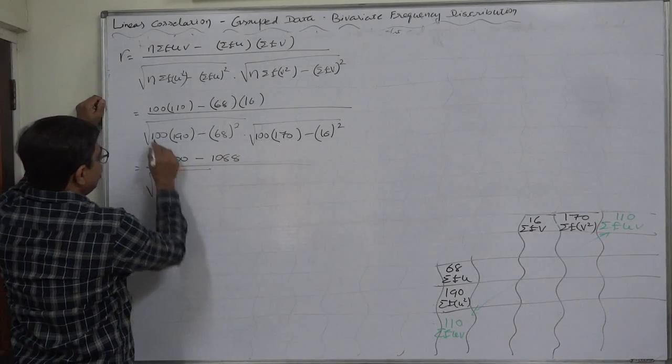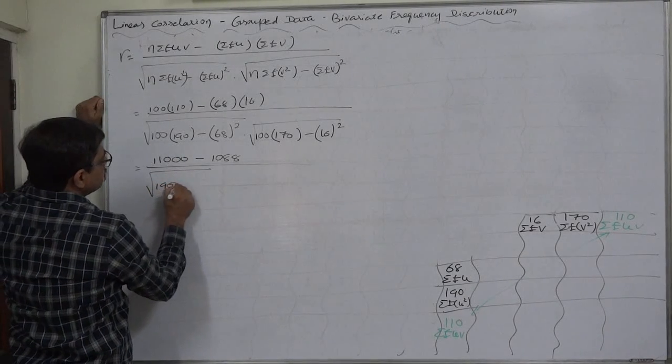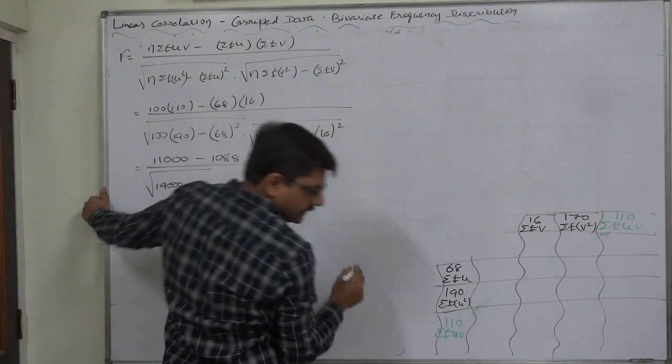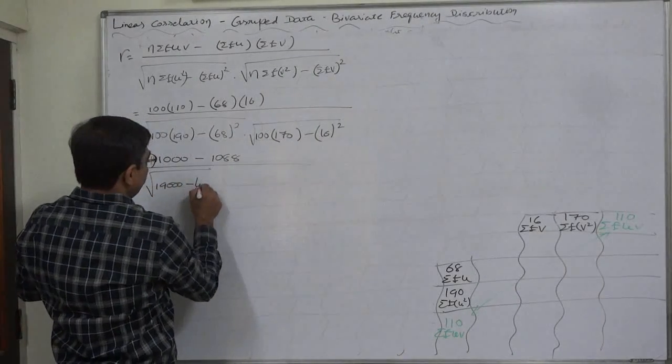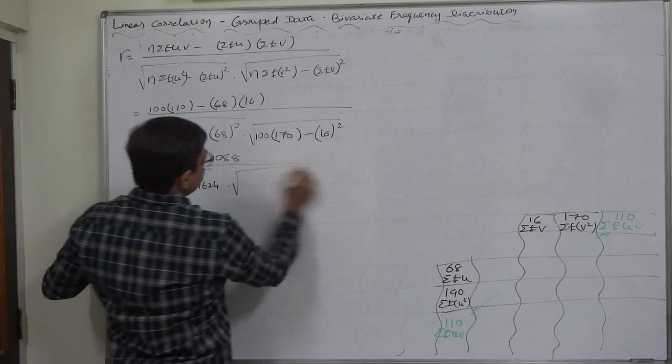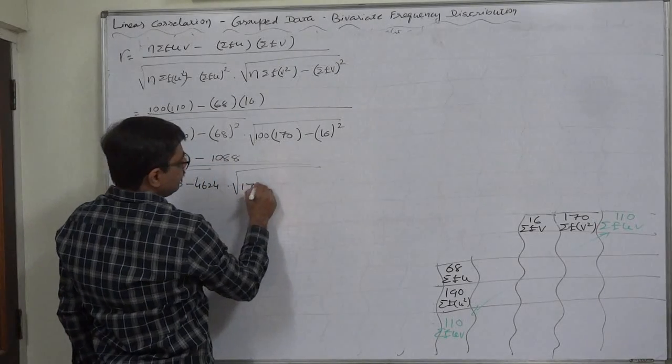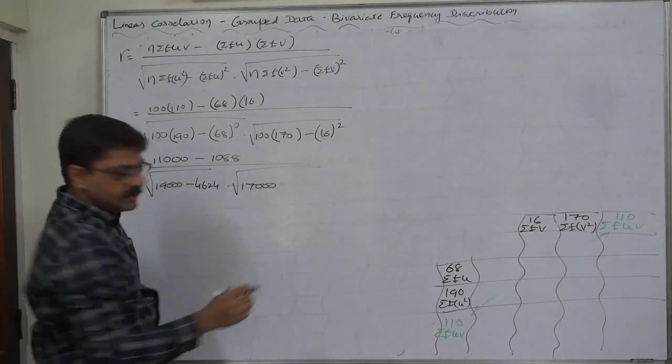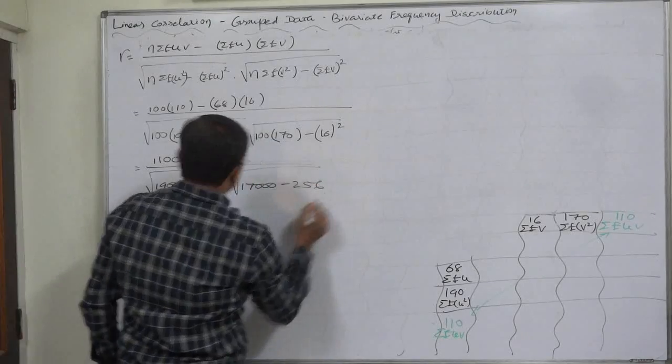Upon under root 100 into 190, 19,000 minus square of 68 is 4,624 into under root 100 into 170, 17,000 minus square of 16 is 256.